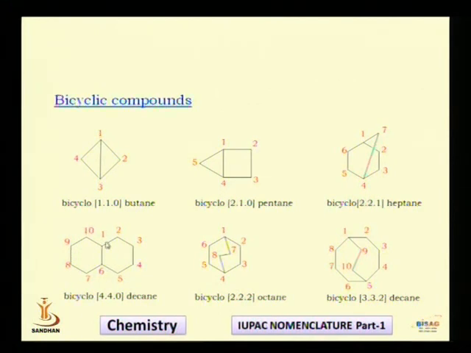This is my complete main cycle. When I start from 1, I go through this route and come back over here, and when I reach 10, this is my complete cycle, which is called the main cycle. And this is the bridge. The line between 1 and 6 is a bridge.